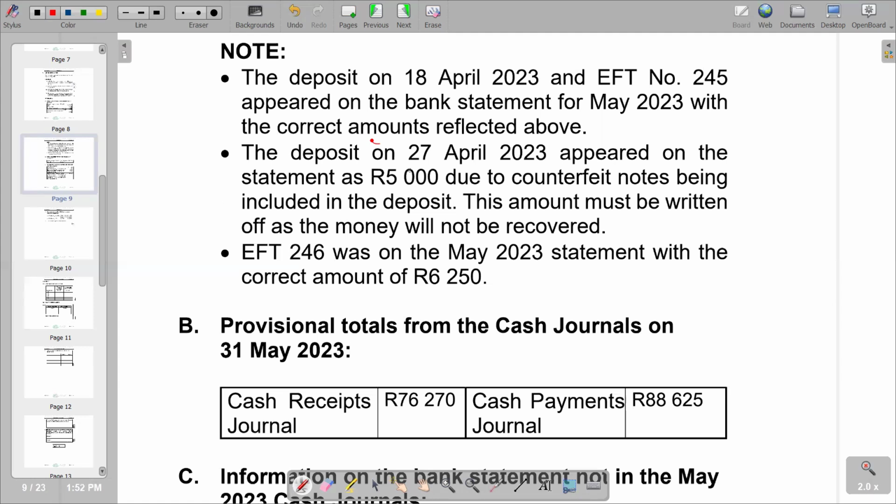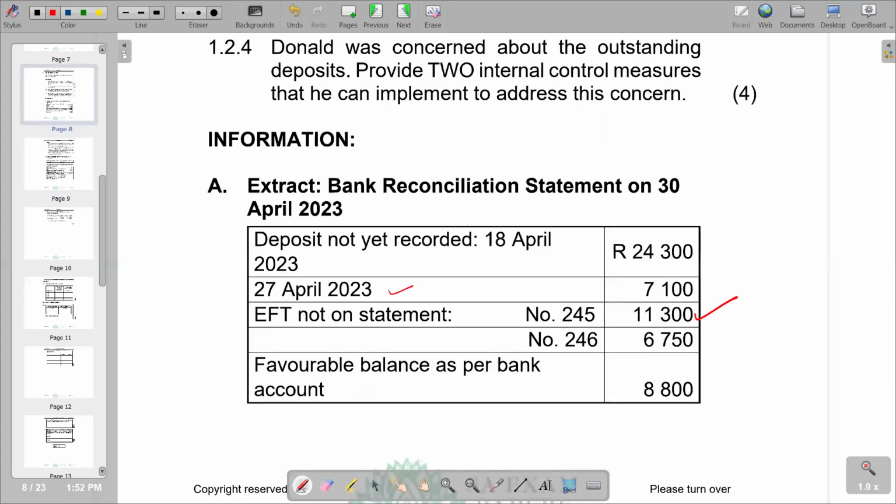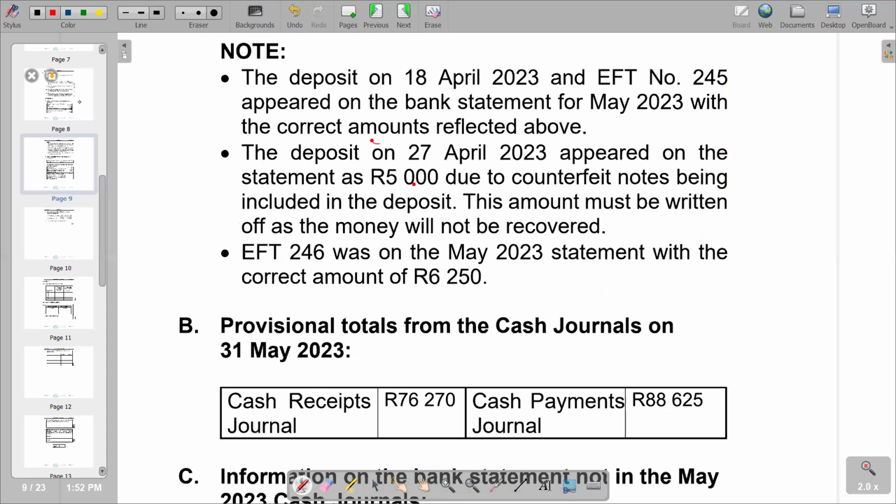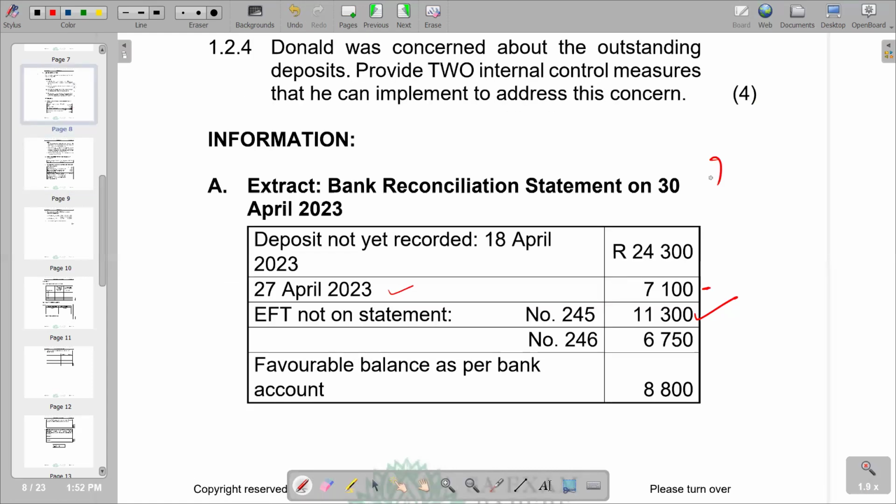So we refer to the deposit on 27 April 2023, which is given here as 7,100. But according to the information given, only 5,000 was taken. The remainder should be written off. So you say 7,100 minus 5,000, and we get 2,100.